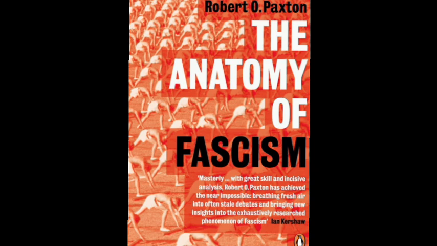However, Paxton stresses that fascism does not necessarily involve a complete transformation of society. Instead, it often relies on pragmatic alliances with established elites, such as the military and business leaders, to secure its hold on power. Despite its emphasis on national unity, fascism often encourages the development of a hierarchical and fragmented society.